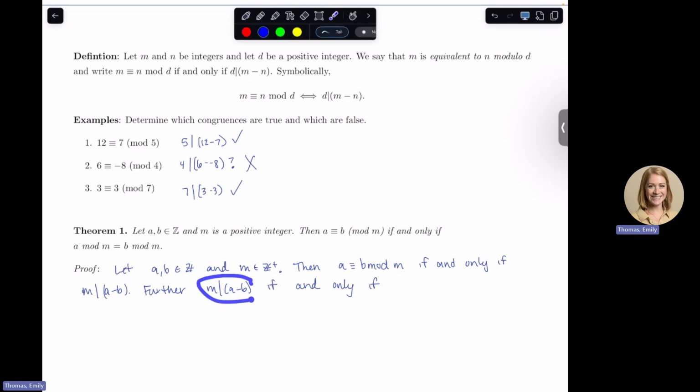What does this mean just by itself? It's A minus B is equal to M times K, right? If and only if A minus B equals M times K for some K in Z.